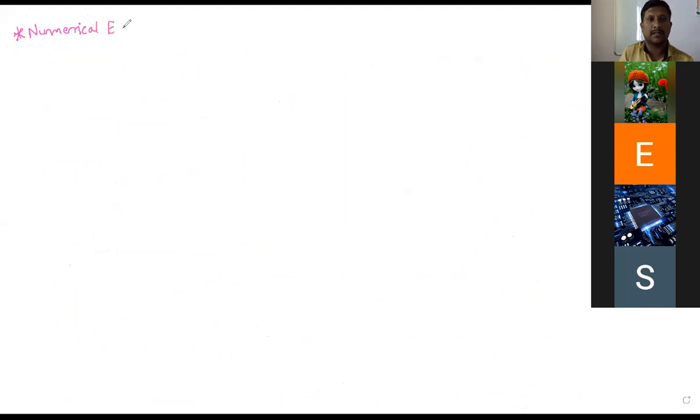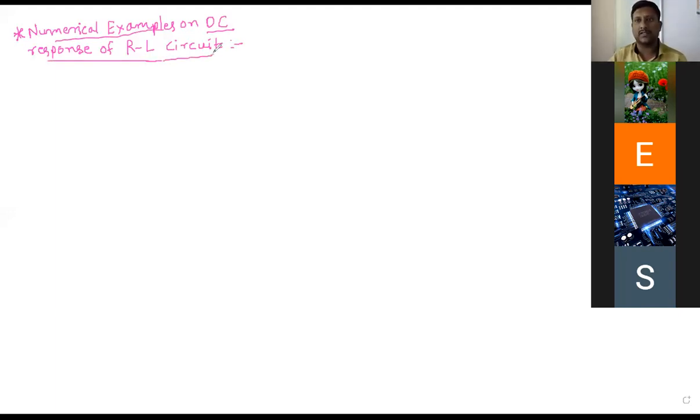Numerical examples on DC response of RL circuit. First of all, you can read the question as well as observe the diagram.